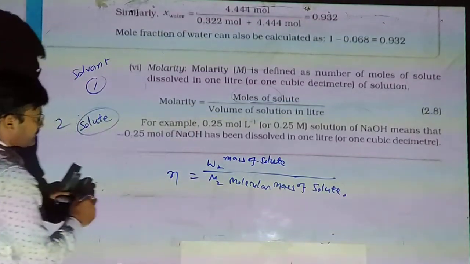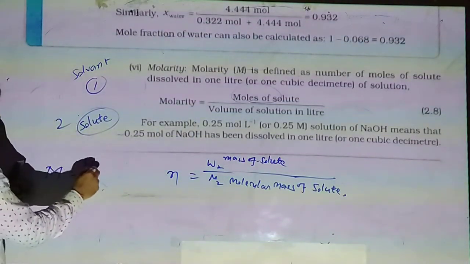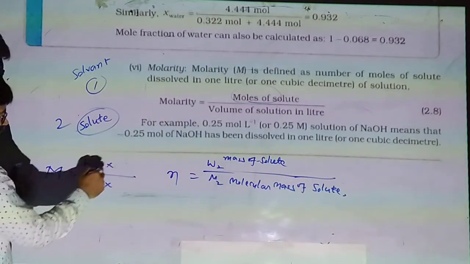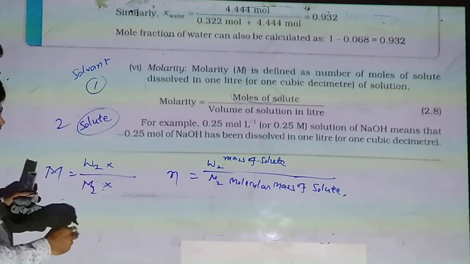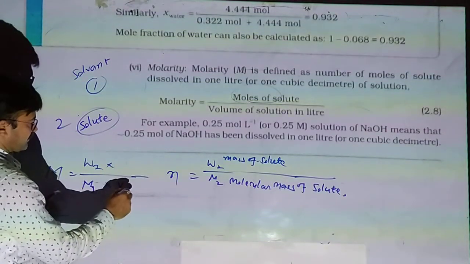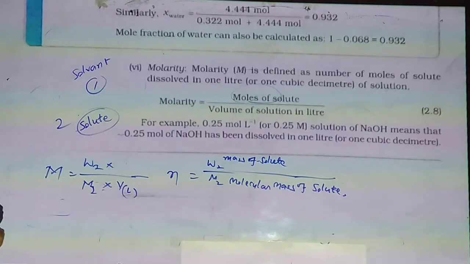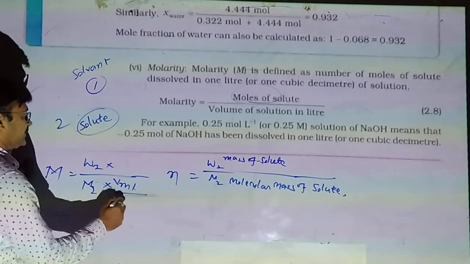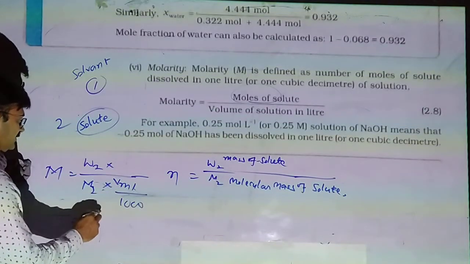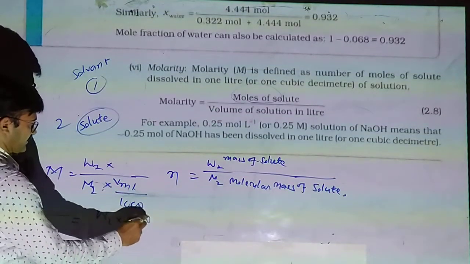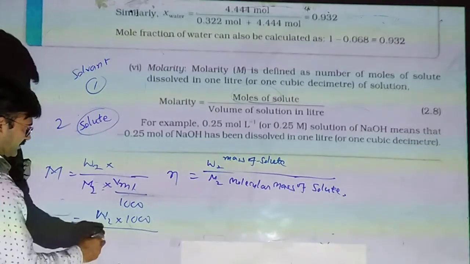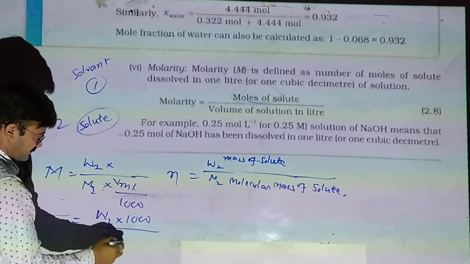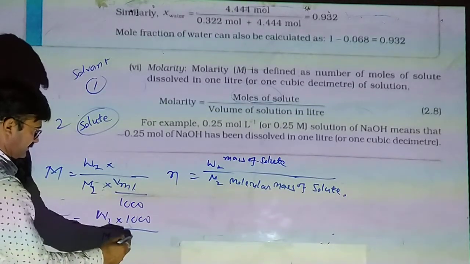So molarity equals mass of solute upon molecular mass of solute, divided by volume in liter. But sometimes volume is given in milliliter. In that case we divide by 1000, so in the formula 1000 moves up to the numerator.